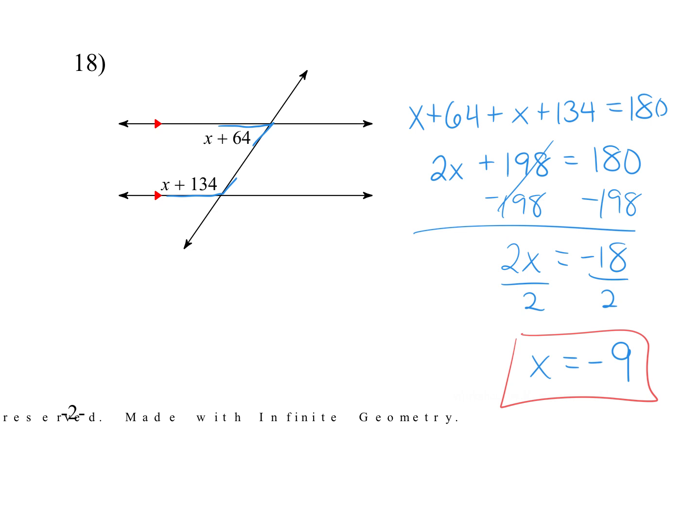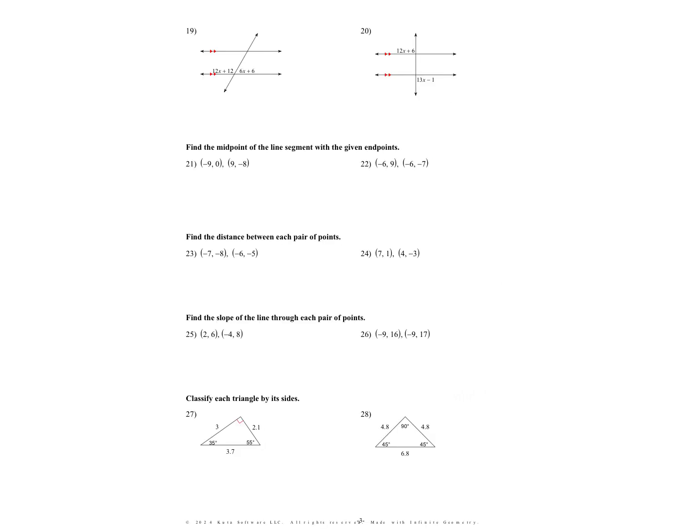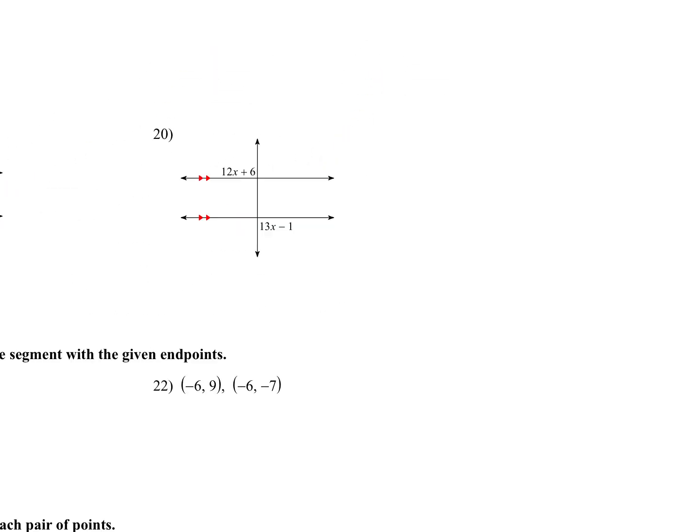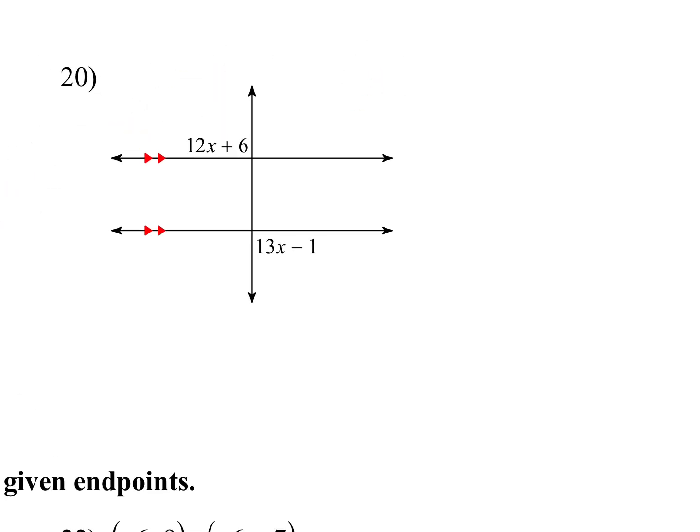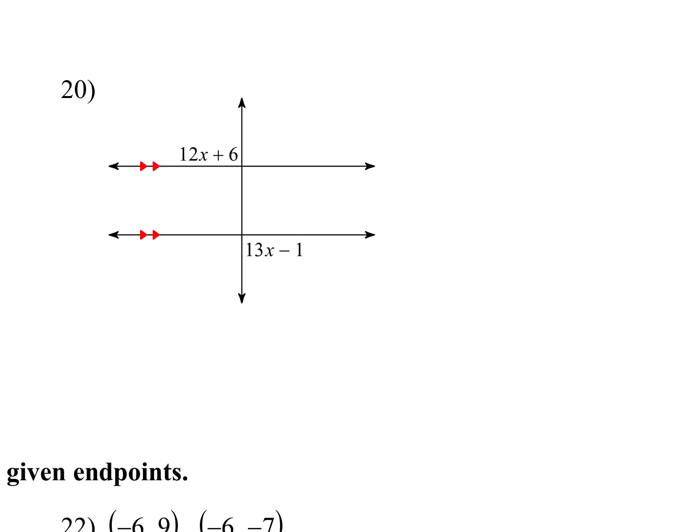Another one I want to look at in that section is number 20. So go ahead and flip to page 3. Number 20, same idea here. Ask yourself, are they the same angle or are they different angles? They are the same. They are alternate exterior angles. So if we say they're the same, how can I set up an equation to solve for x? Set them equal to each other.